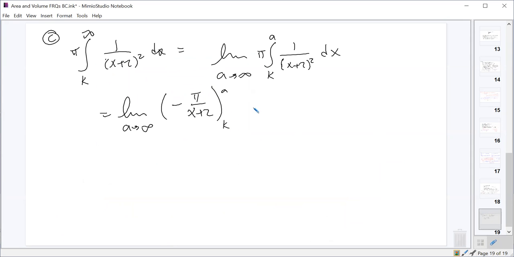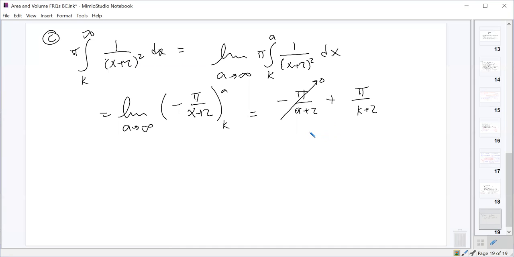Evaluated from k to a. So negative pi over a plus 2 plus pi over k plus 2. And as a goes towards infinity, this piece here goes towards 0. So it's just positive pi over k plus 2.